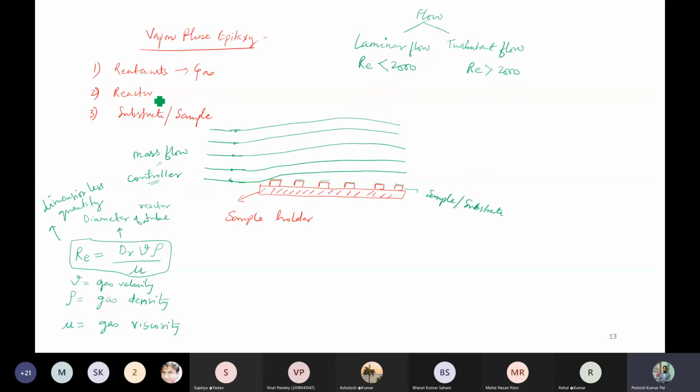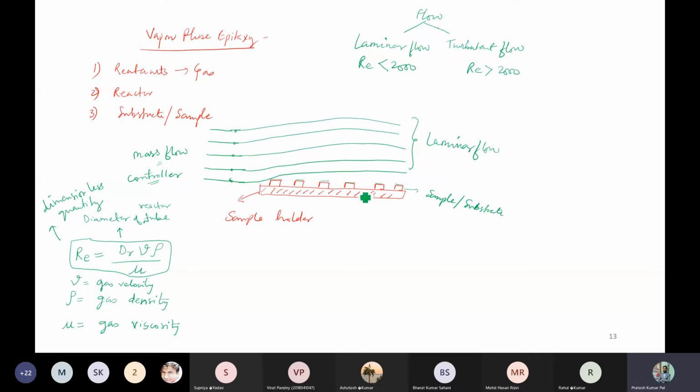But in case of vapor phase epitaxy, this Reynolds number is very low in practice. Okay, but it should be less than 2000, so this flow should be laminar flow.